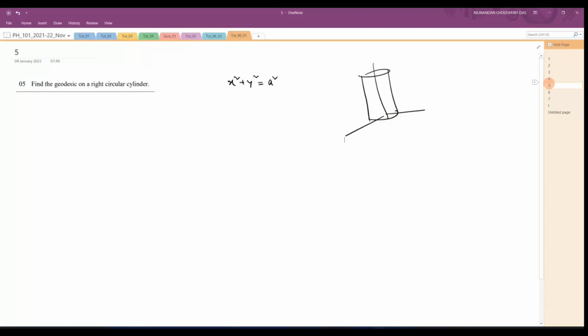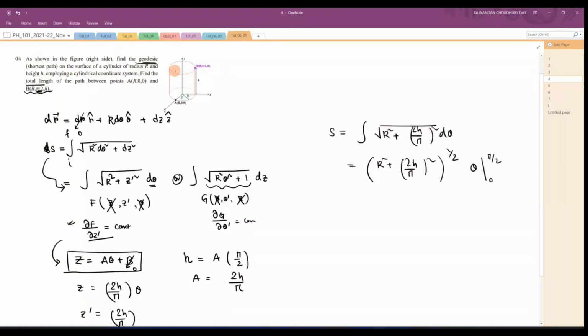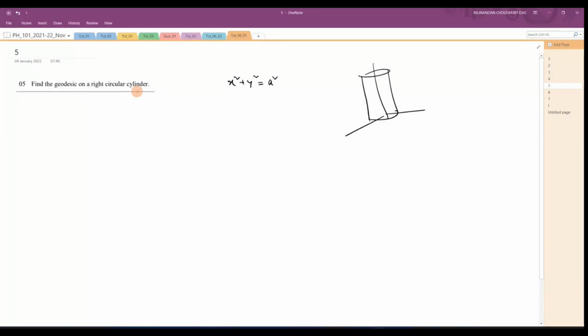That means question number 4. On the cylinder, you have to find the smallest path. Can you do this? Yeah, done. Same thing. Just to write the equation, you have to choose your proper coordinate system.